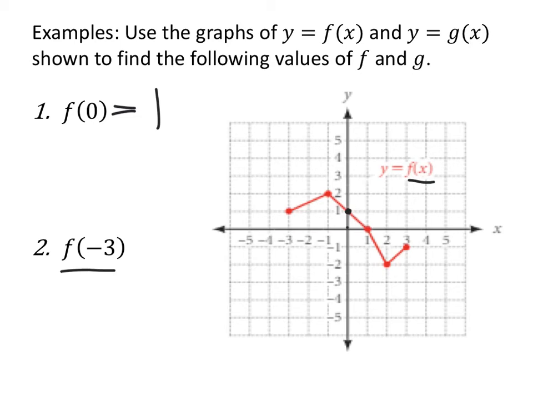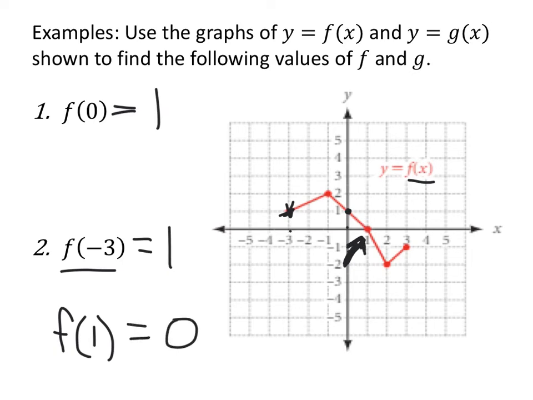When I'm looking at f of negative 3, I go to an x value of negative 3, my y value right here, also 1. Looks like I picked some bad examples. What would you say that f of 1 is? Well, f of 1 right here has a y value of 0. Little bonus example there for you.